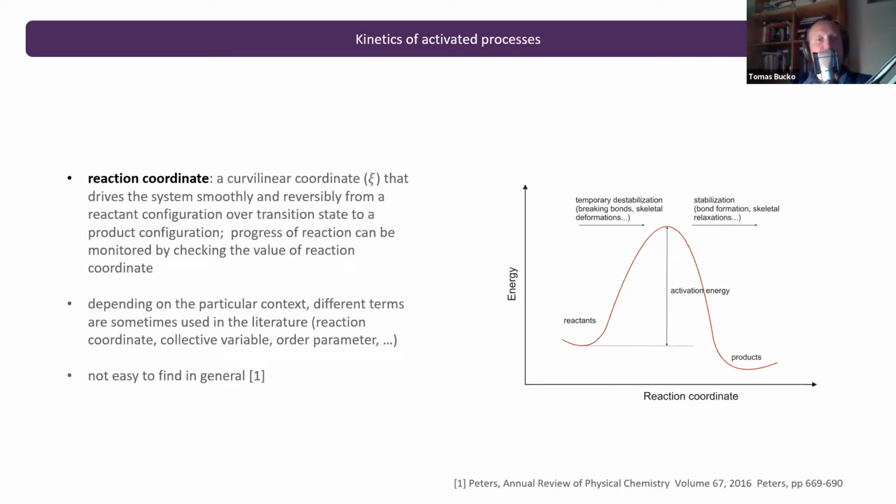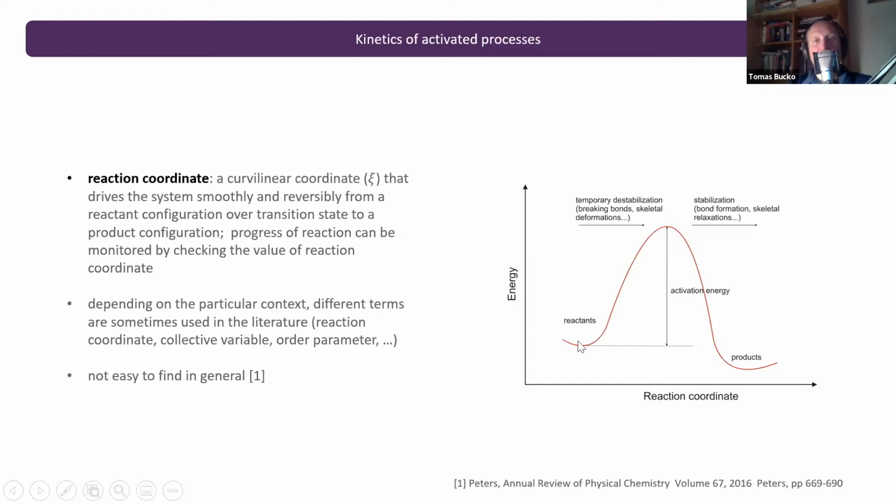Before I proceed, I need to define one special geometric coordinate. It's called the reaction coordinate. You see, energy, as we discussed, is expressed as a function of something, and that something is the reaction coordinate.